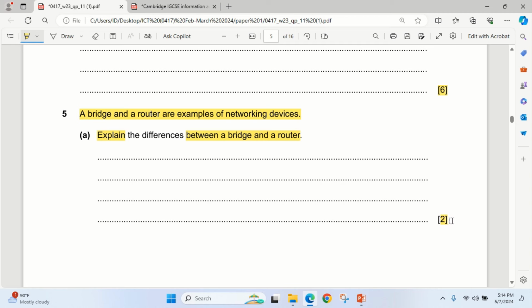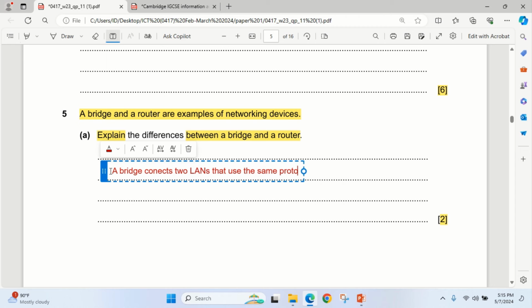Question 5 is for 2 marks, so you can start by saying that a bridge connects 2 LANs that use the same protocol. And you can also say that a bridge creates a single LAN from separate parts.